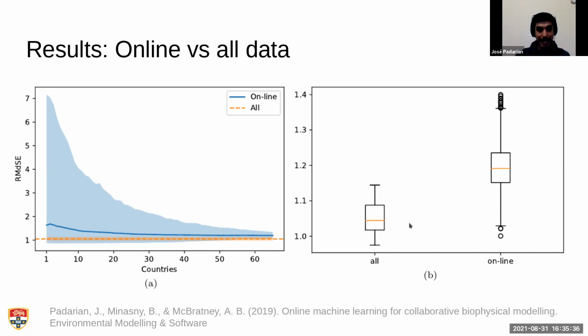So effectively, at least after a certain number of countries added to this model, there's no difference at all whether the model sees one country at a time or all of them simultaneously. This is quite encouraging. Of course, you need enough diversity to get a really good model, but if you can manage to have that diversity, you can have a model without having to access all the data simultaneously.